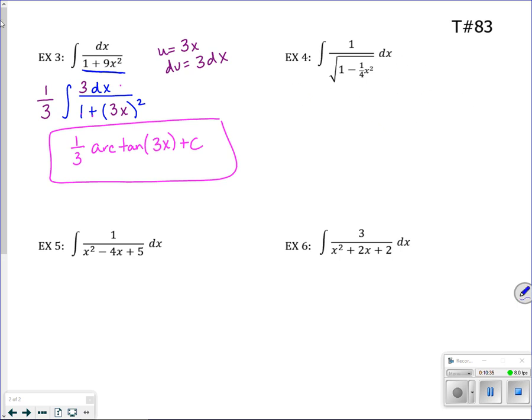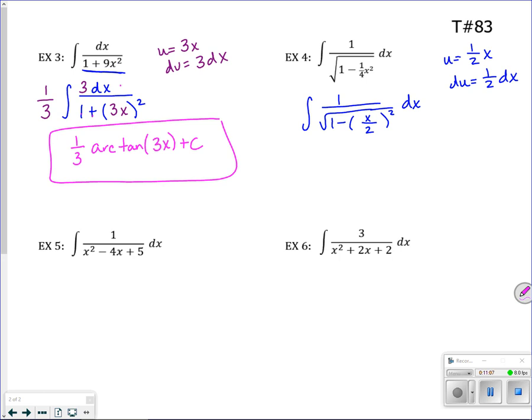Oh, maybe it's an arc trick. So can I write it as the square root of 1 minus something squared? What would that something be? That something would be x over 2, or 1/2 x, however you like to write that, dx. So if my u is 1/2 x, you might see the derivative a little easier this way, then du is simply 1/2.